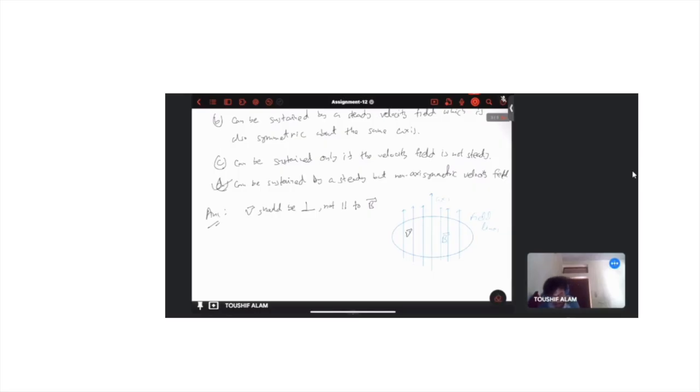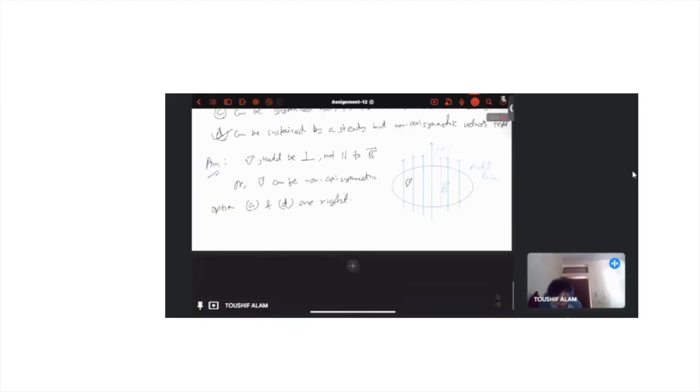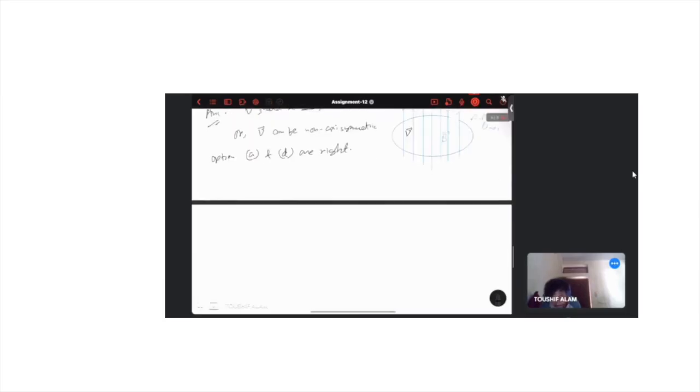Yes, so it can also be sustained. Non-axisymmetric, like perpendicular. Okay. So options A and D are right.